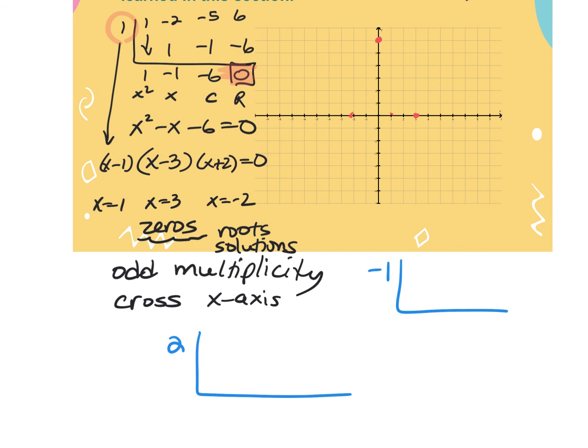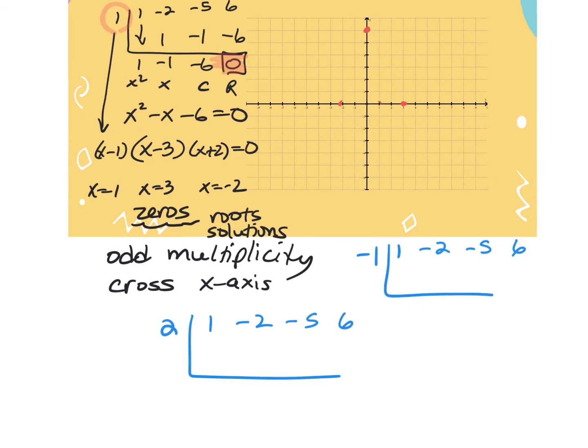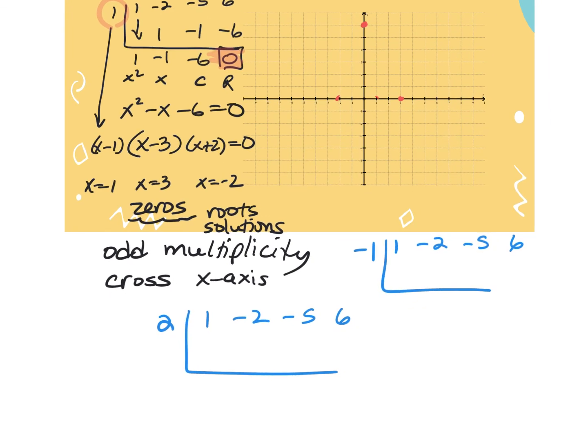So I'm going to take my coefficients from the beginning and put them into each of these synthetic boxes. And then 1, -2, -5, 6. So now to get my additional points, let me do this one first. Bring down, multiply, add the column.